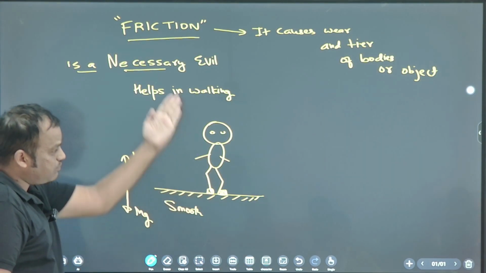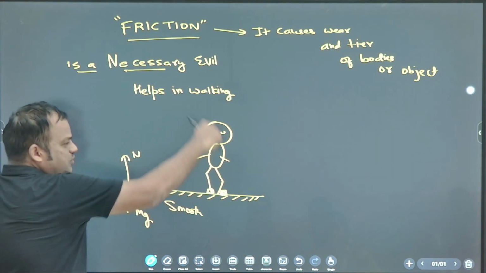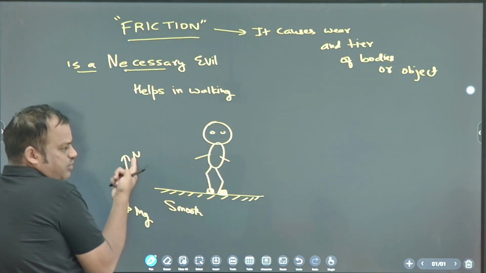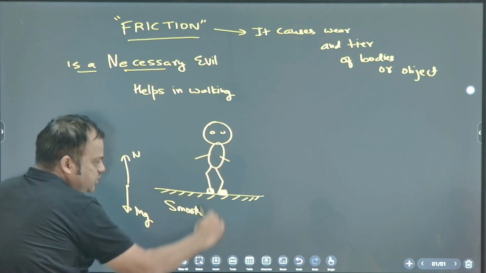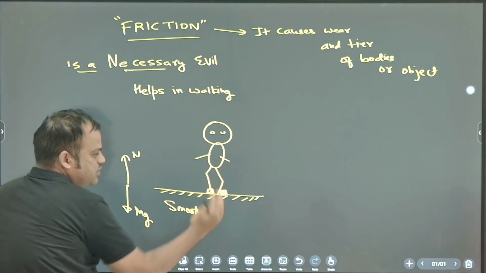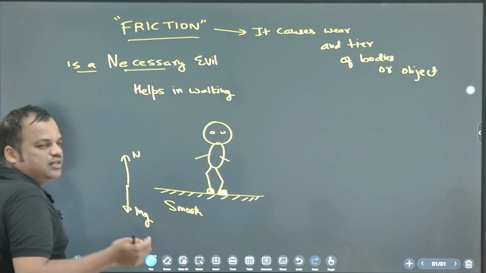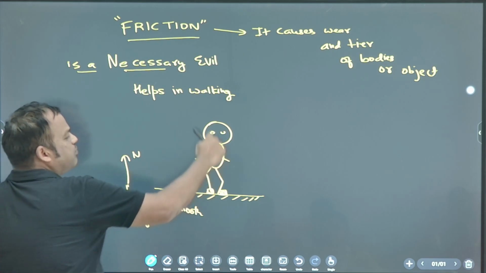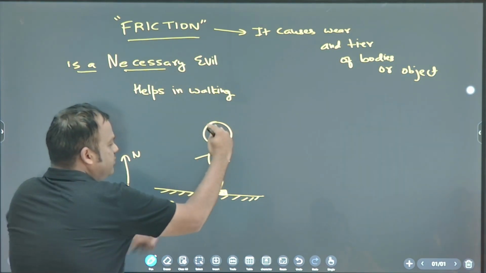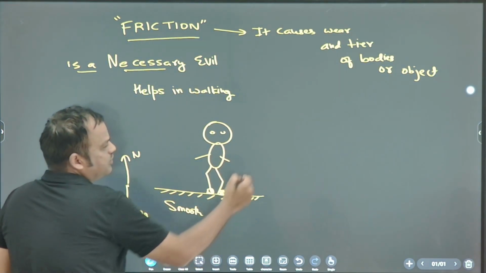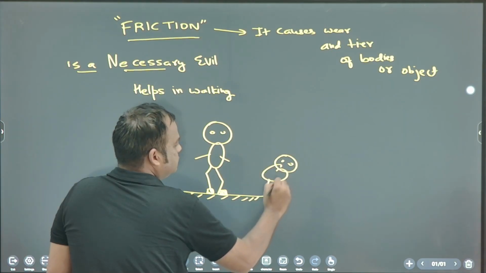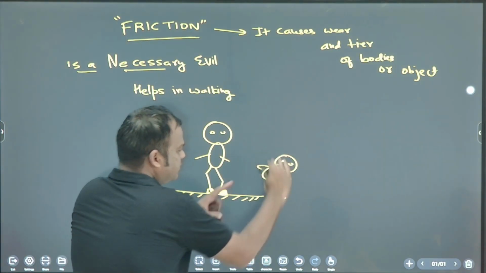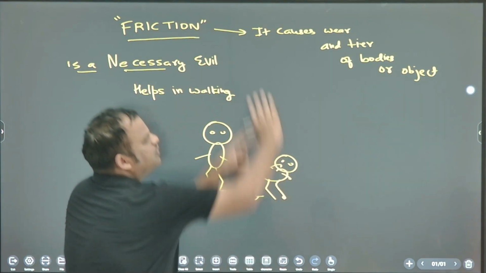Normal upward can take it up, so it can jump. For jumping also, it needs normal force. Suppose this person wants to jump. It will push the ground downward, so the ground will push it upward. You have seen, when a person wants to jump, first it will sit, then push, then jump.